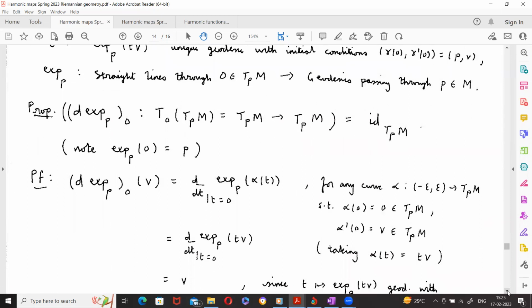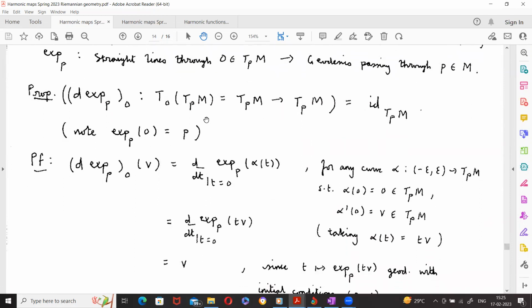And let's look at its derivative at the origin. So now the origin in the tangent space, because the tangent space TPM is a vector space, the tangent space to TPM at any point, in particular the origin, we can identify with the tangent space itself, right? For a vector space, the tangent space at any point, you can identify with the vector space, right?